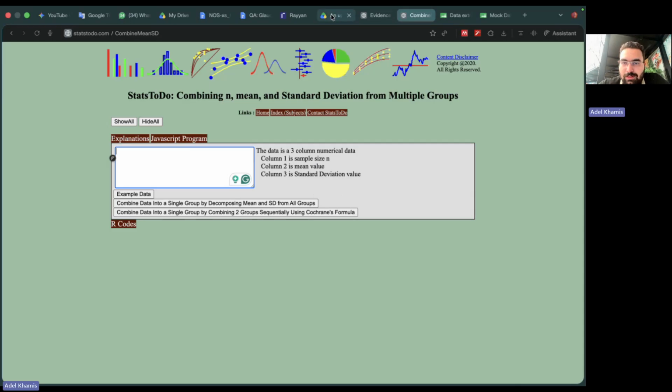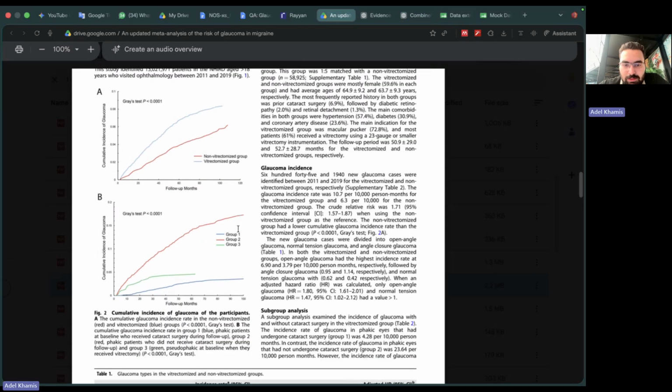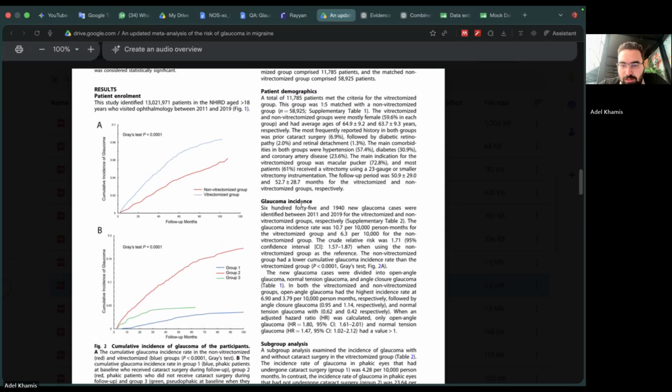So in our example here, I have two means and two standard deviations for two groups. This is the first group, and this is the second group. So what I need now is the sample size of each group to put into the tool that I am using.